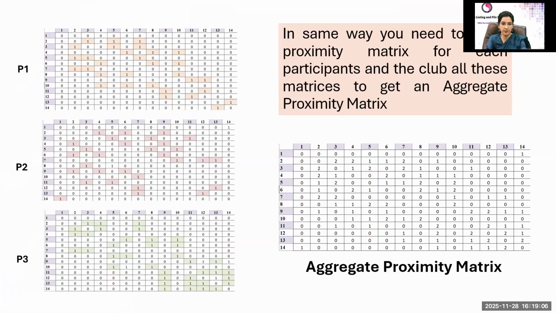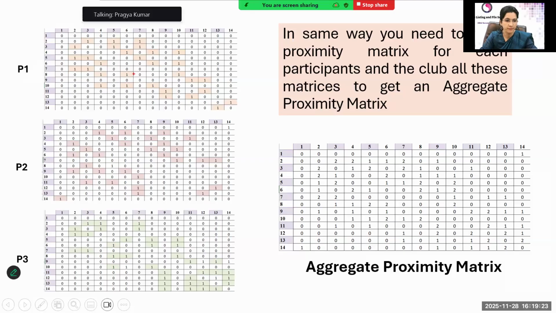For example, if these are the 3, like P1, P2, P3. If I have to calculate the aggregate proximity matrix, how will it be done? Aggregate will be, if you see, let's say for items 2 and 3 together.